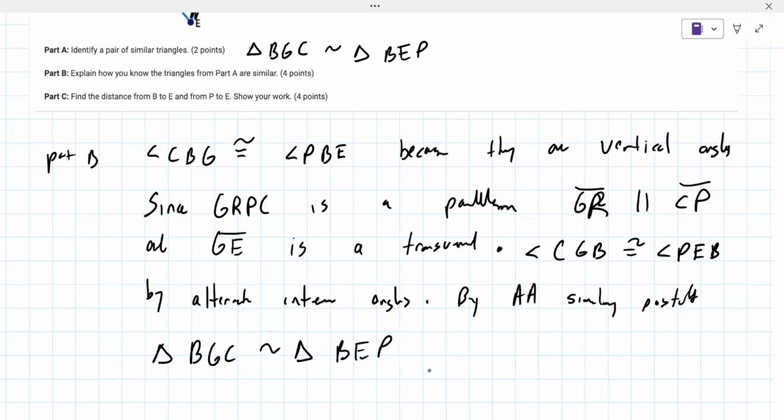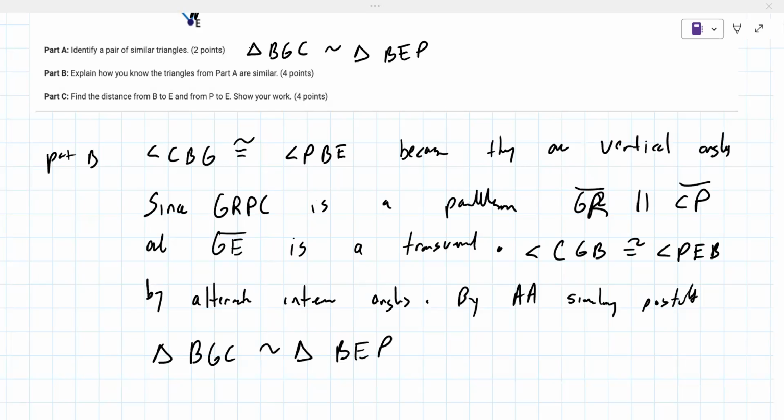We are getting to the end here, so let's make sure we get to part C. Part C is not going to take very long. All right, yeah, I got that down. The last paragraph.